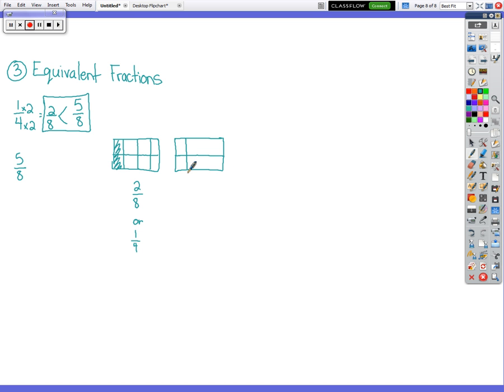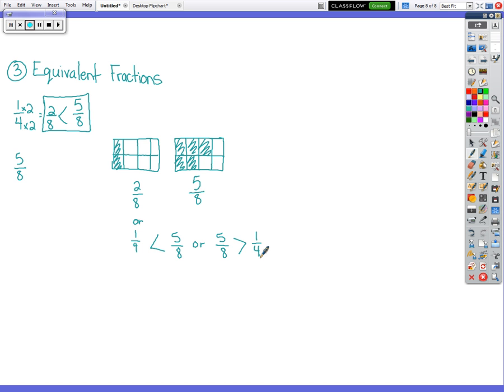Let's make this into my 8ths again, and this one's 5. 2, 3, 4, 5. You can see that 5 parts colored in is bigger than the 2 parts colored in. So that means 1/4 is less than 5/8, or 5/8 is greater than 1/4. So there are your 3 strategies.